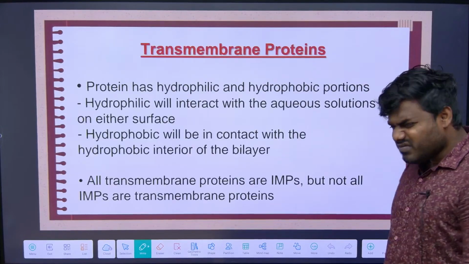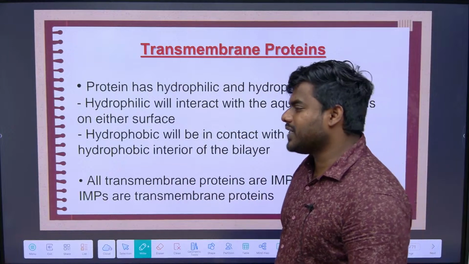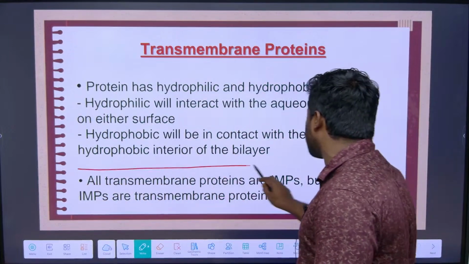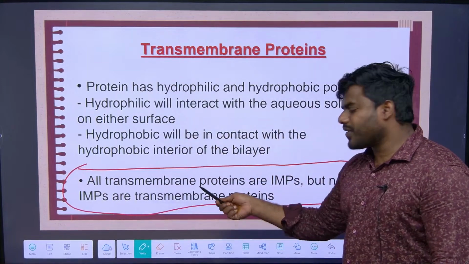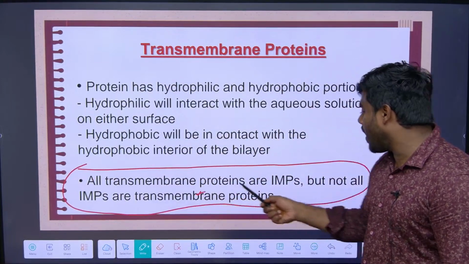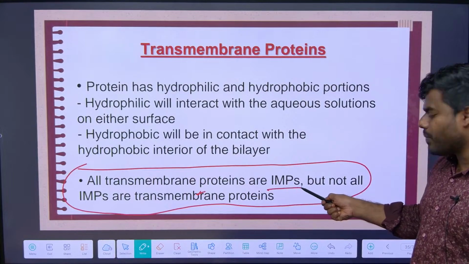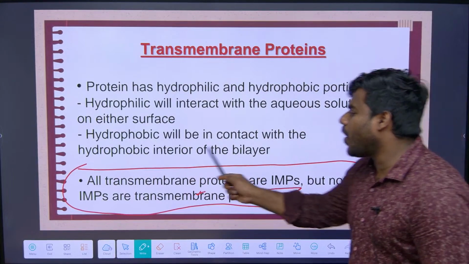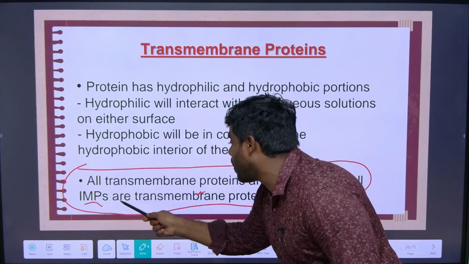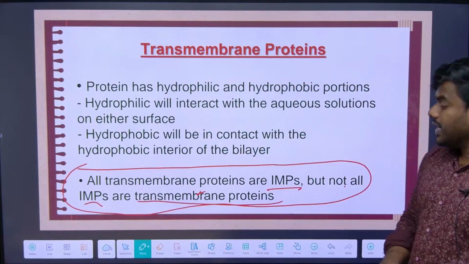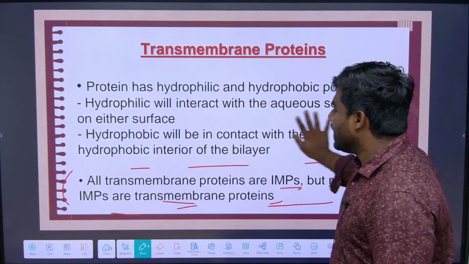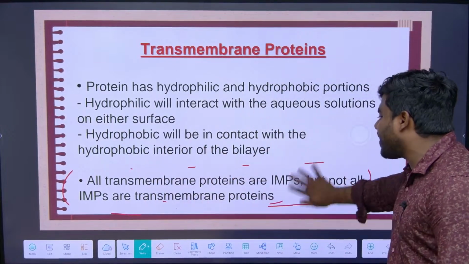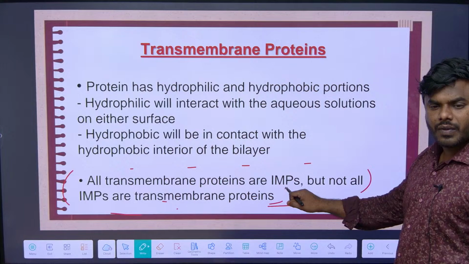Now, this is the most important statement that all the students have to understand. All transmembrane proteins are integral membrane proteins, but not all integral membrane proteins are transmembrane proteins. Tell me everyone, how can you justify this particular statement? They are using the words, all transmembrane proteins are integral.